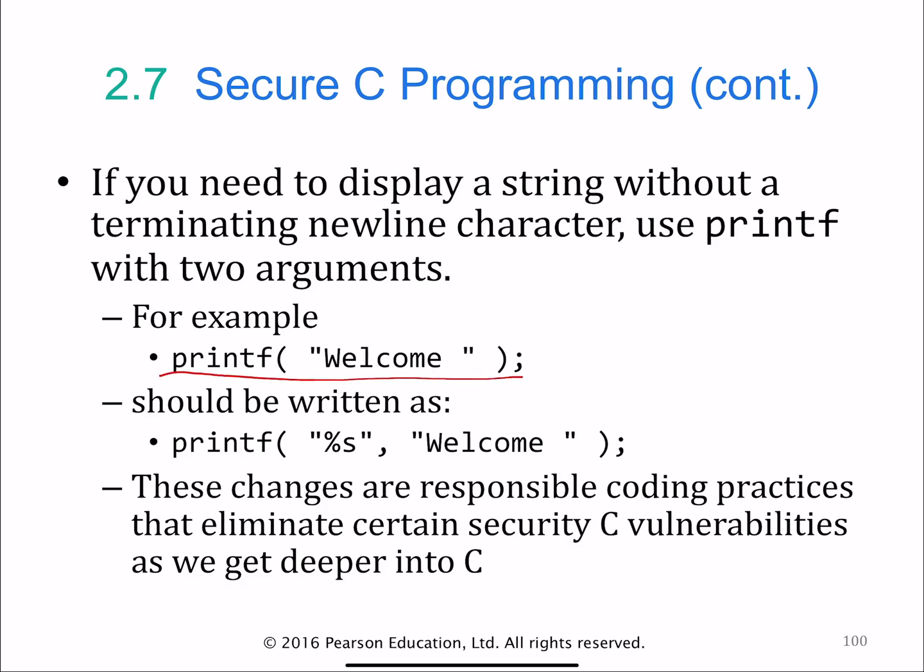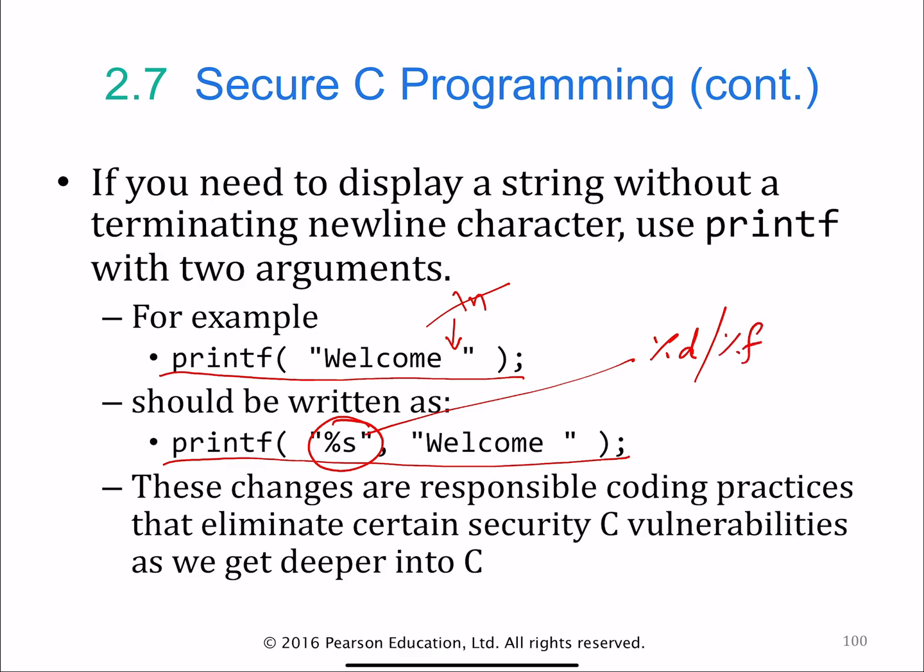So let's say you want to print "welcome" followed by a space, without a new line character at the end. The safe way of doing that using the printf statement would be this way, and %s over here is a placeholder, just like %d, %f, %ld, %c, which we've already used, and %s.